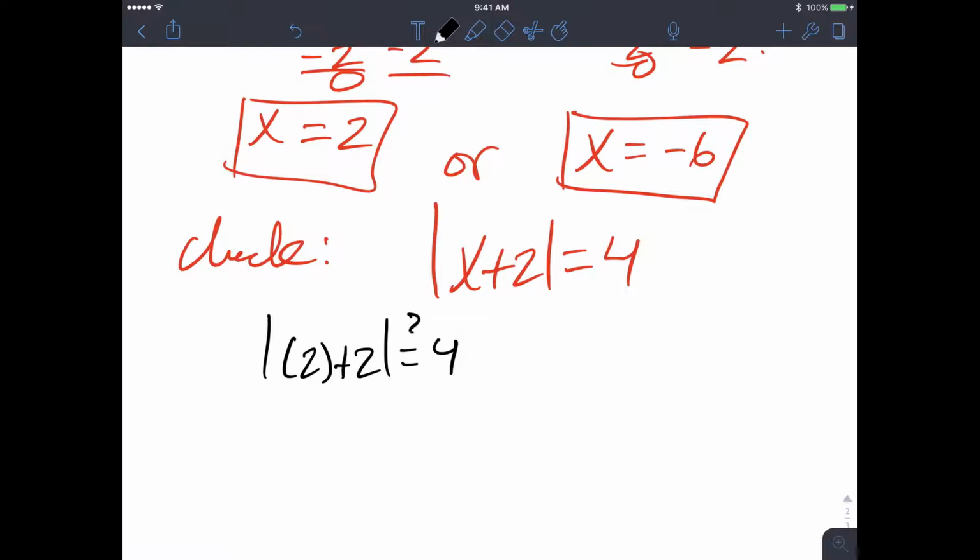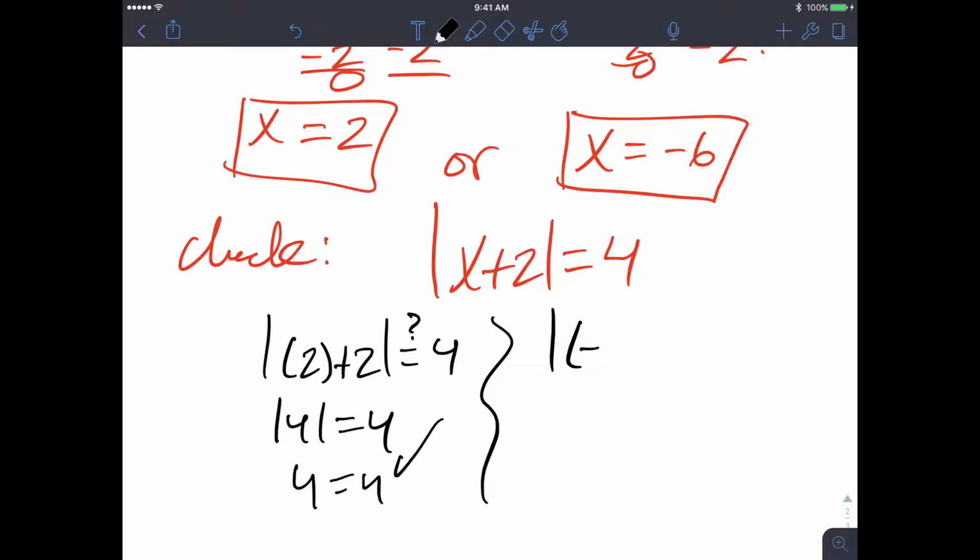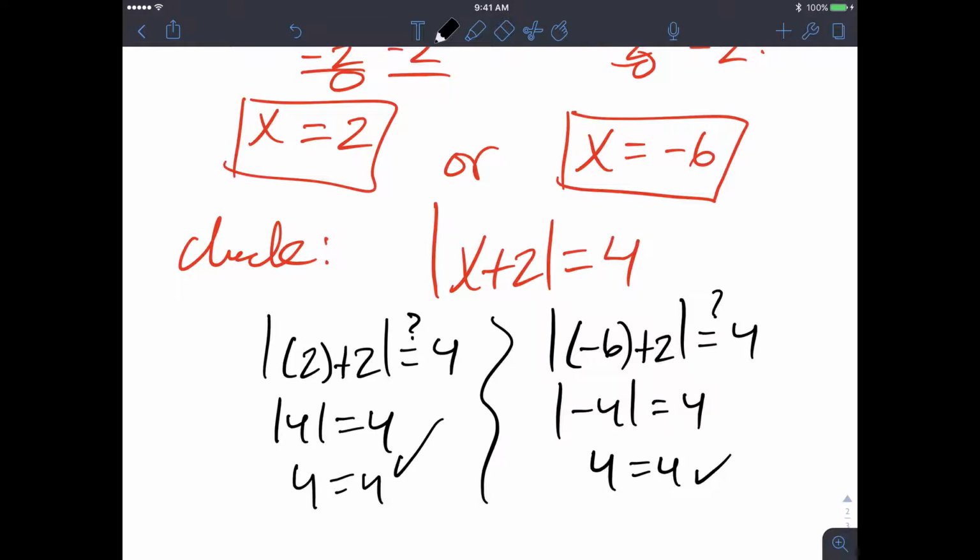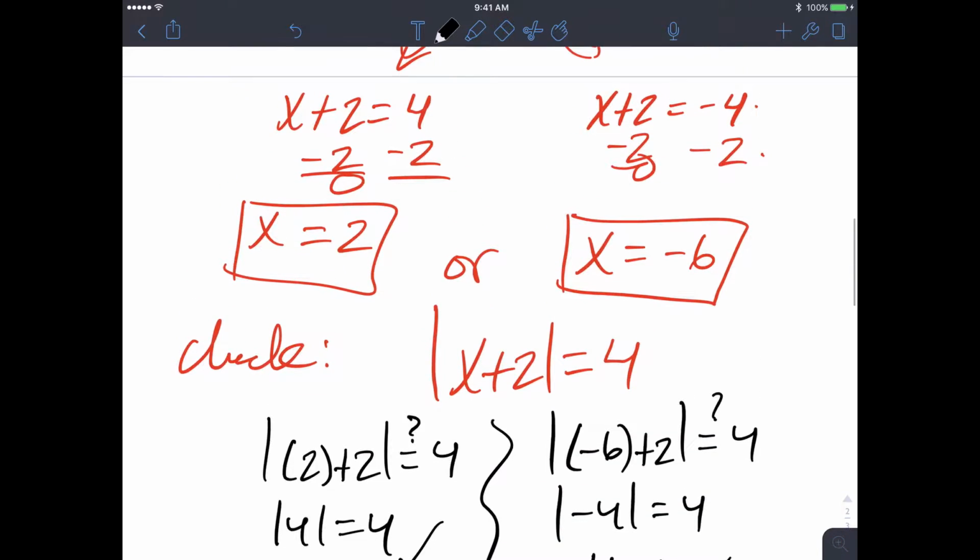Does that equal 4? Well, 2 plus 2 is 4, and the absolute value of 4 is 4. So that's cool. That works. 4 equals 4. And let's try plugging in -6. The absolute value of -6 plus 2. Does that equal 4? -6 plus 2 is -4. And yes, 4 does equal 4. So it works. Okay, and that's how you'll check that.